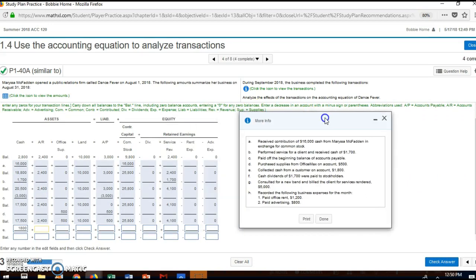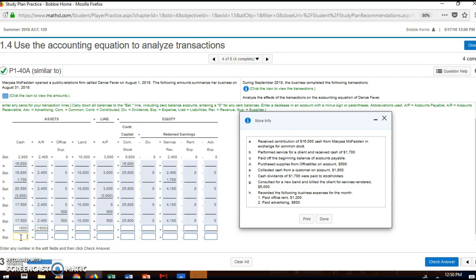Okay, so now we can see that accounts receivable is going down because they're paying us, they're paying on their account. So it turned into no longer an accounts receivable. The accounts receivable turns into cash. So when they're paying on the receivable, it's like pouring the receivables cup into the cash.